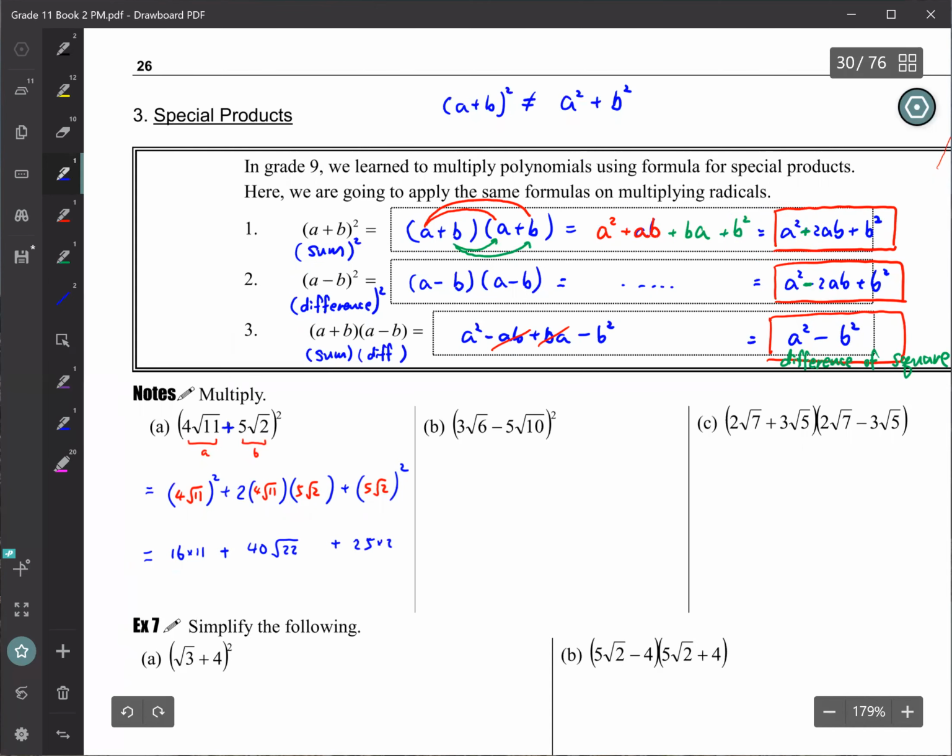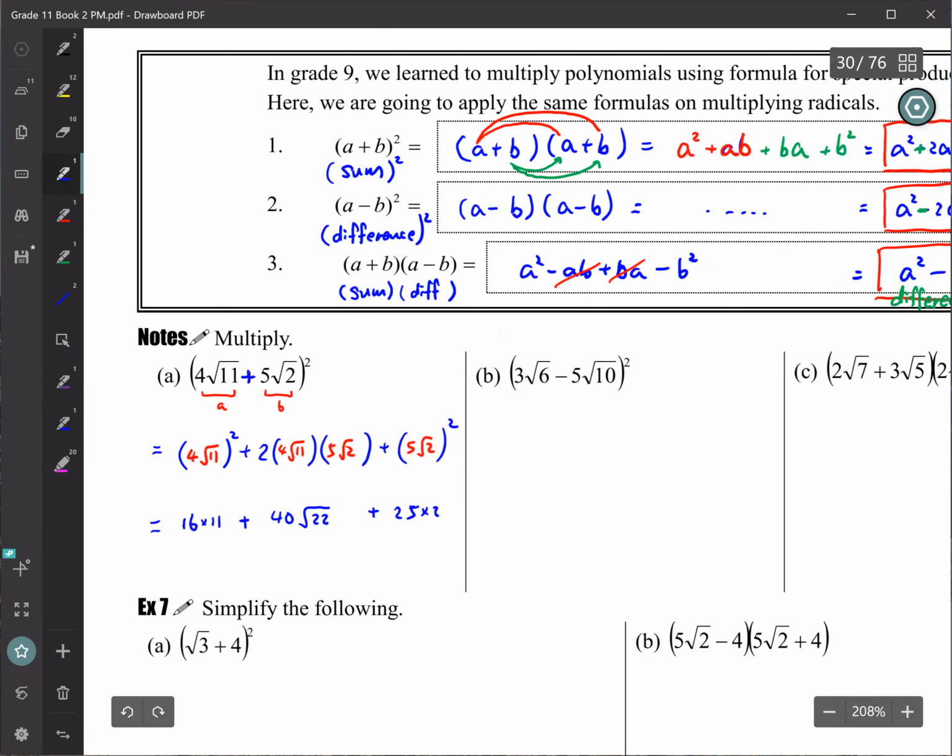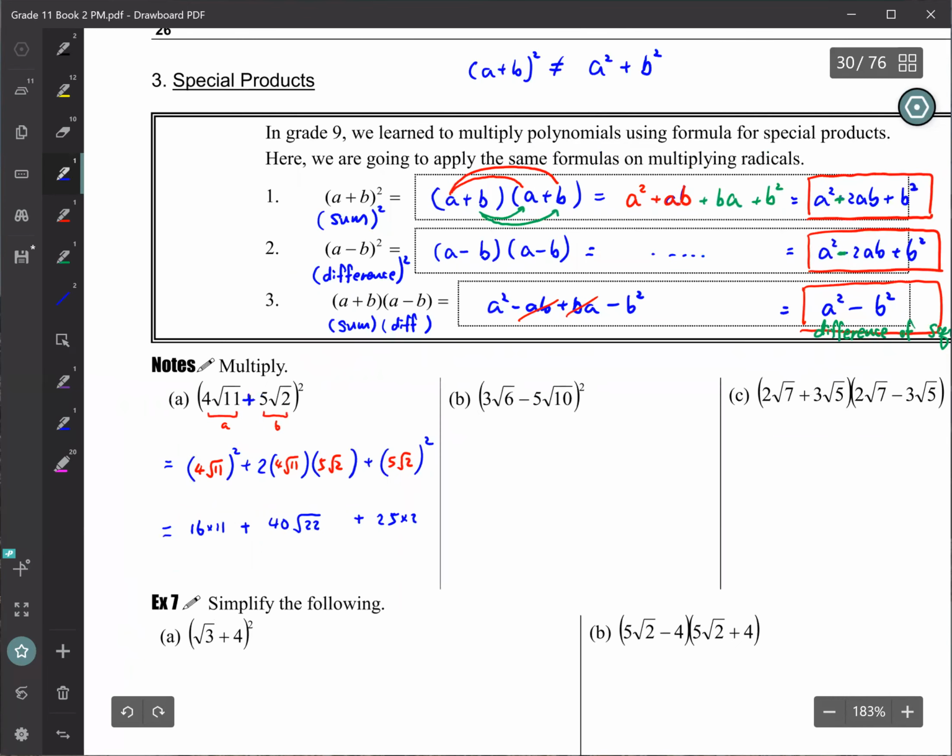Okay, so once you get the hang of it, you don't really need to do the bracket part. See if you can think about if it's possible for you to go straight to the second line. Take a look. To get 16, just 4 times 4. To get the 11, you just ignore the square root. So that's possible.